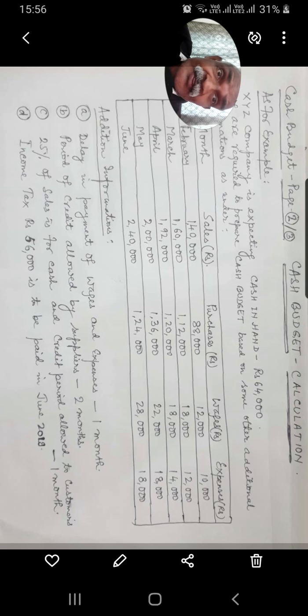Is there 100% sale on credit purchase? No, not even a single business. In each and every business there is cash sale and credit sale, cash purchase and credit purchase.